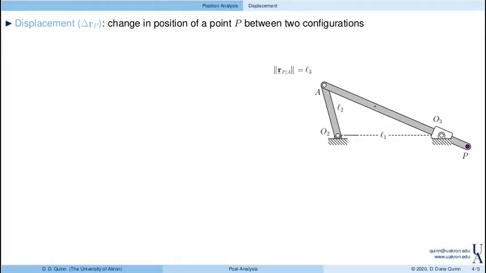So here I've given essentially an inversion of a slider crank, and I'd like to know ultimately the displacement of the end of this bar as well between two different configurations.